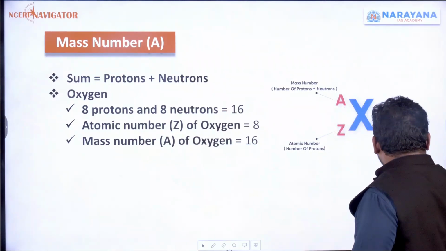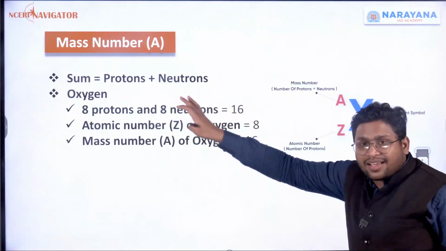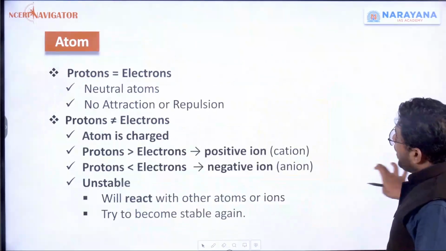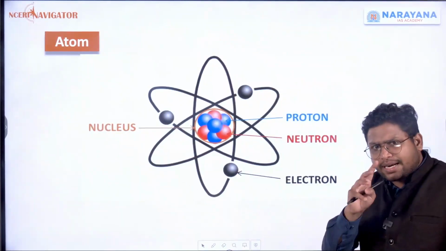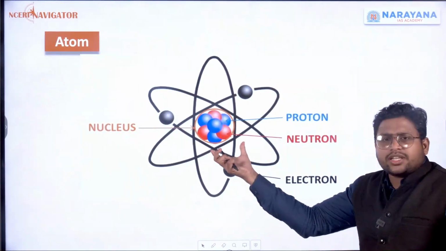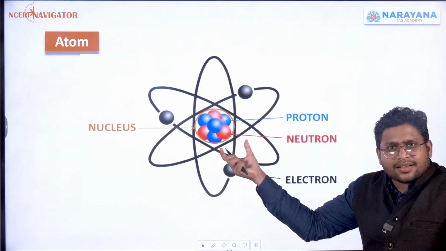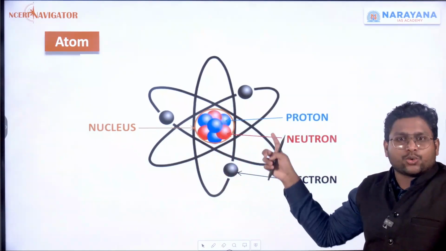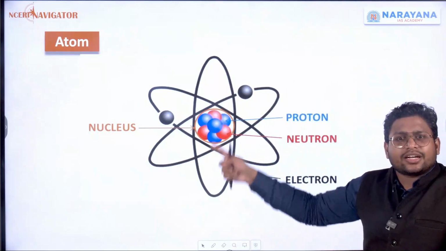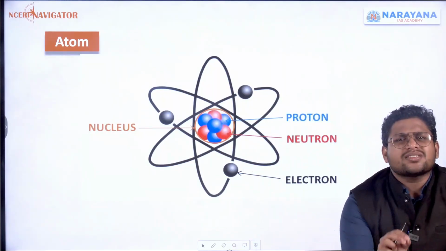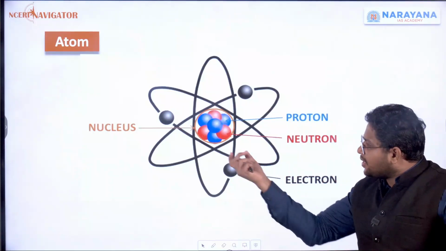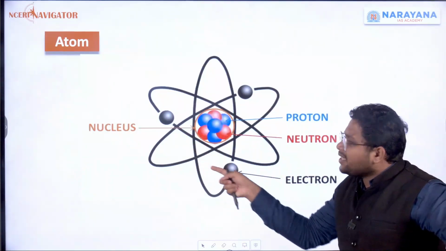So if you have to calculate the mass in an atom, what do we do? If we go back, you see this was the atom. I said that there is a nucleus which is highly dense. So if we have to calculate mass, we just have to look at the nucleus. We don't need to consider the electrons moving around because their mass is negligible. You don't even need to consider it. The real mass is there only in this nucleus.